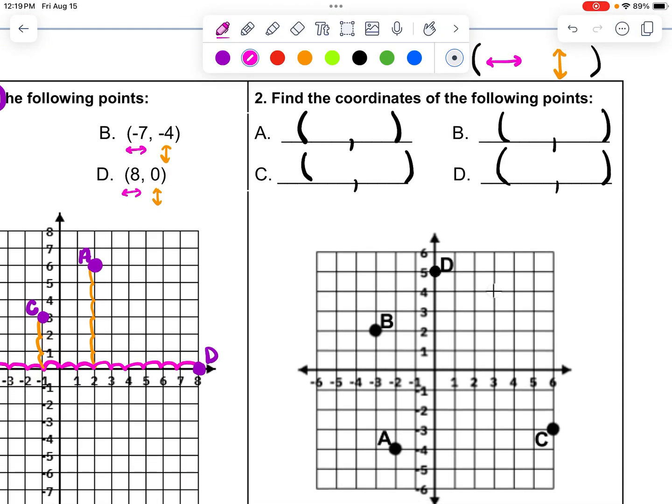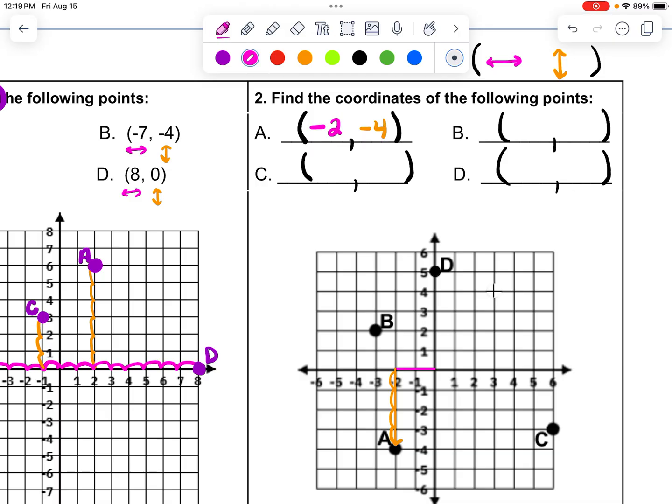So for point A, if I'm going to get to point A from the origin, I'm going to have to go left 2 spaces and then go down 1, 2, 3, 4 spaces. So left 2 means negative 2, down 4 means minus 4.